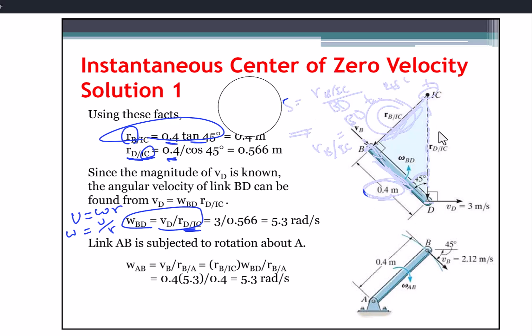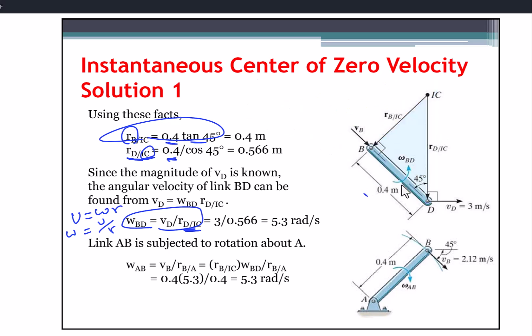For D, this is D. The position of D: the cosine of this 45 degrees is equal to adjacent over hypotenuse.